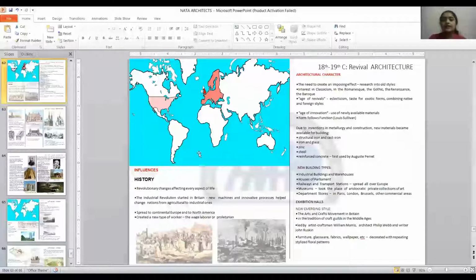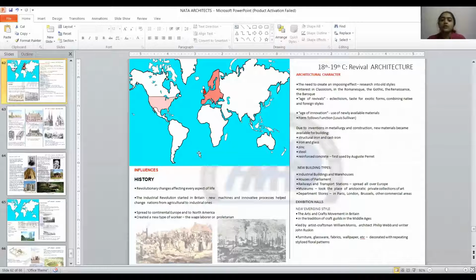Exhibition halls also started emerging. Why are exhibition halls so prominent in this type of architecture? After the invention or discovery of steel, they started using steel frames for very large spans.